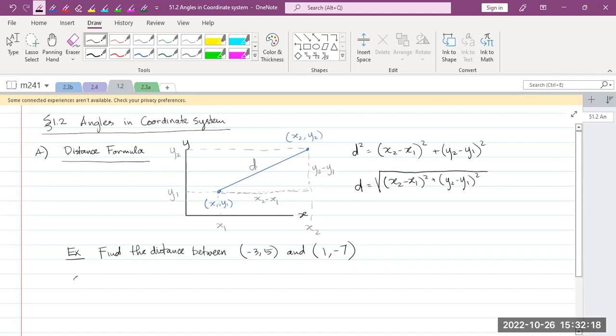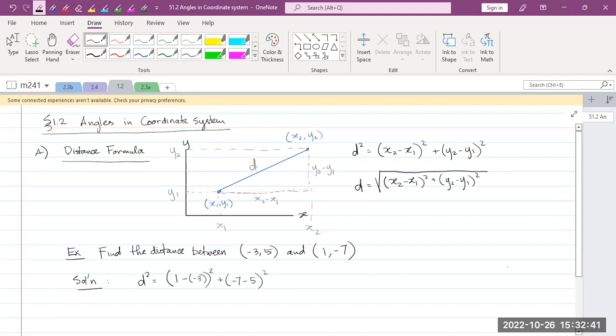Now what I meant earlier is, instead of using the square root version, I use the squared version. d squared, which is the distance between these two points, equals x2 minus x1 squared plus y2 minus y1 squared.